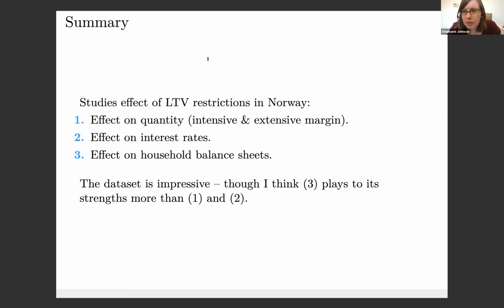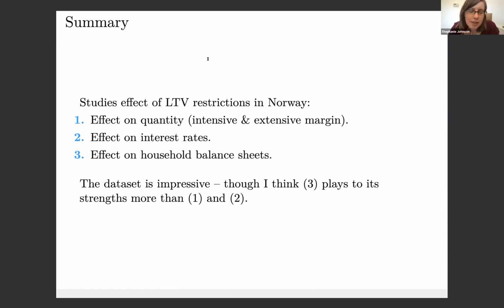My overall impression of the paper is that they have a really impressive data set. In particular, they're actually able to look at this household balance sheet effect, which is difficult for a lot of other researchers. Overall, I think that this third topic really plays to the strengths of the data set, much more so than questions 1 and 2, where I feel like maybe a standard mortgage data set would be better able to answer these questions than the data set they have.